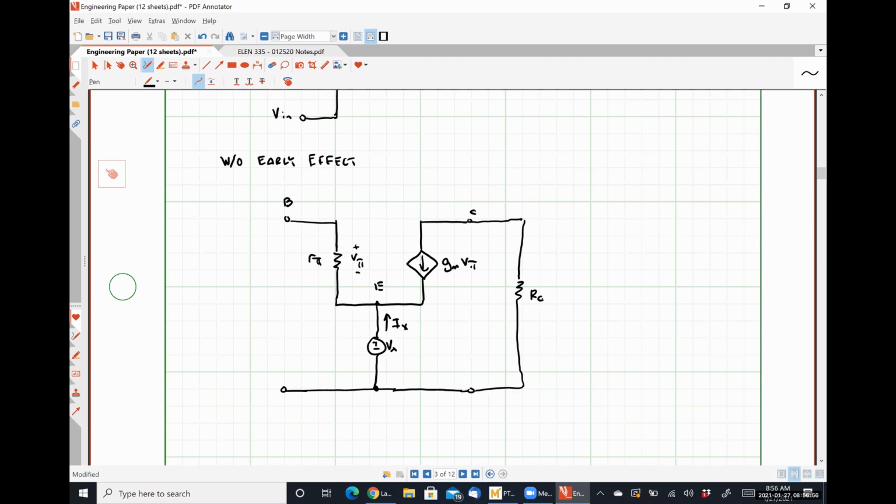So this is a small signal analysis, right? Meaning that all of our DC voltage sources should be turned off. So between the base and ground for any common base amplifier, we have to have a short circuit inherently, right? For our small signal model.